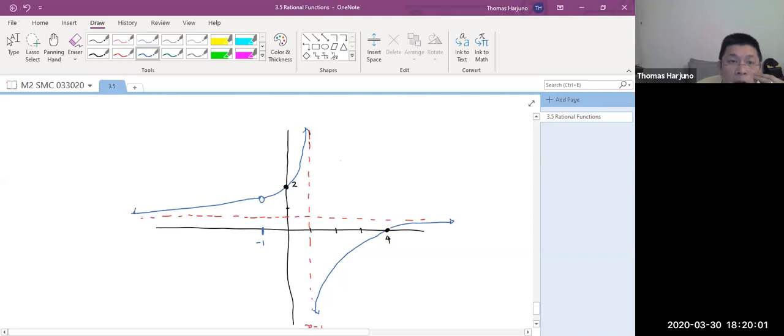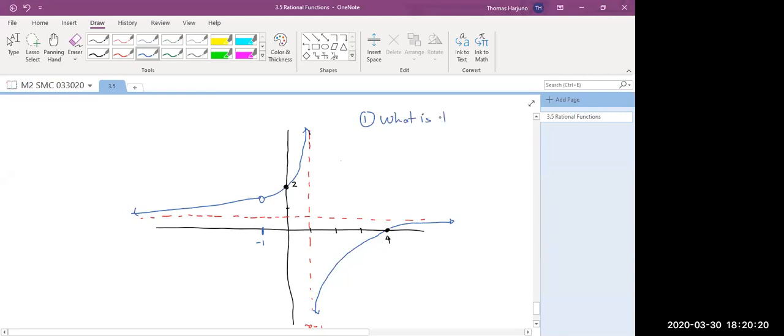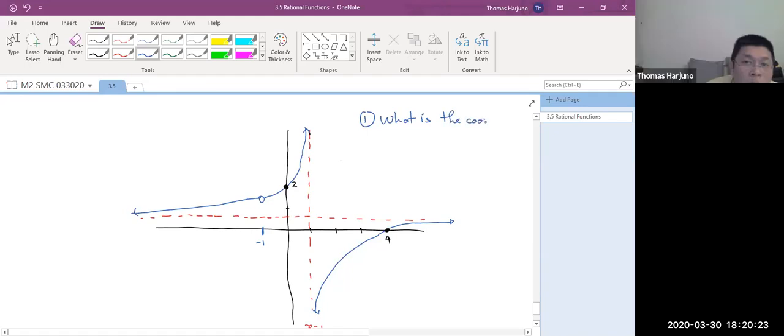Now from here, there are actually two issues that I need to go on. So we are into the variation problem already. Some big questions. First big question, how do we find the coordinate of the hole? Now we know that the hole happens at, in this case, x equals -1, right?